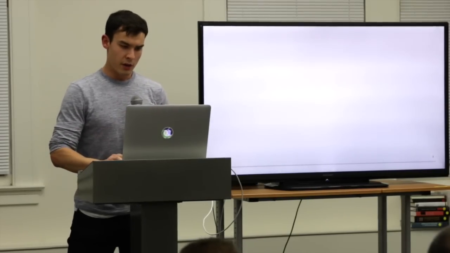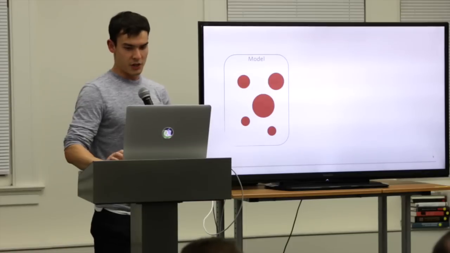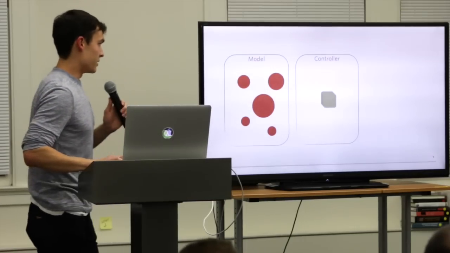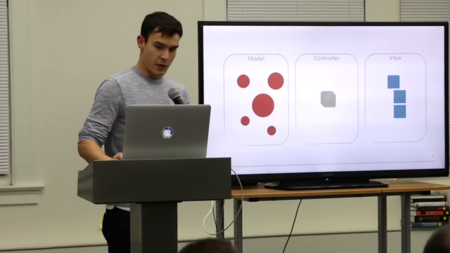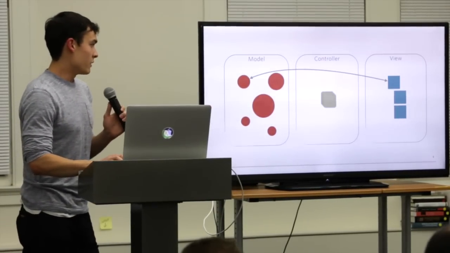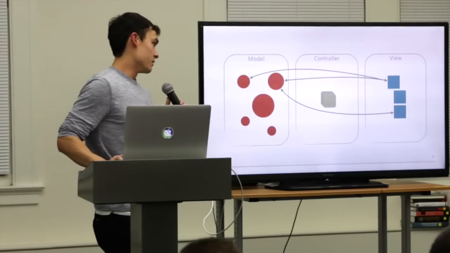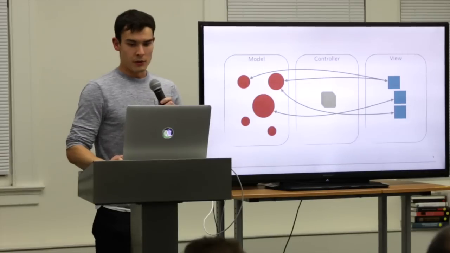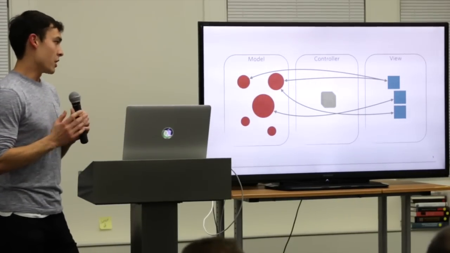Let's take a look at what an MVC system might look like. This is just a generic, abstract system where we have some models, some controllers, and some views. In this type of system, or a lot of these MVC structures, we have different relationships that go back and forth between them. You've probably seen slides like this before, where you can create relationships ad hoc, and they can talk however they please.